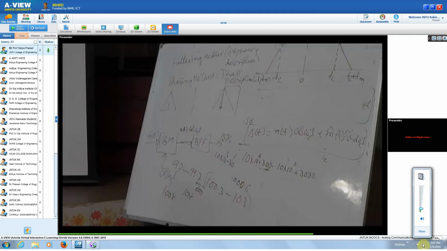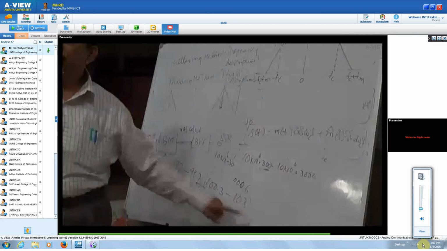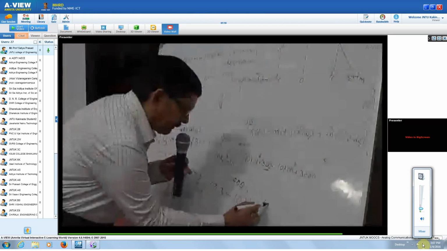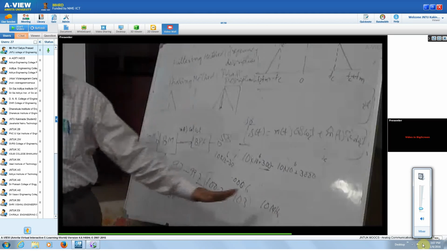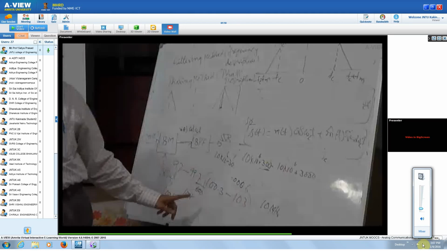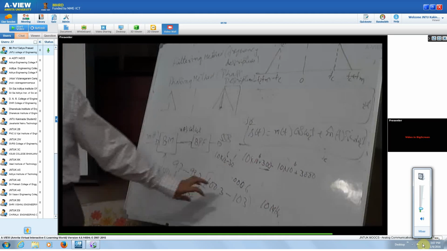Now what is the band pass signal? 100.3 to 103. This you multiply with a 10 megahertz carrier. So not from 300, 100.3 is your starting point.